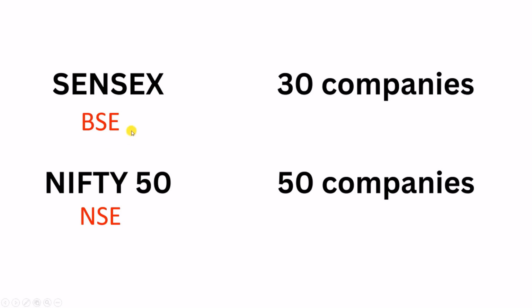So out of those 5,000 and 1,500 companies, the Sensex index gives you the idea of how the price of only 30 companies is moving. And Nifty 50 out of 1,500 gives you the idea of how only the price of 50 companies is moving.